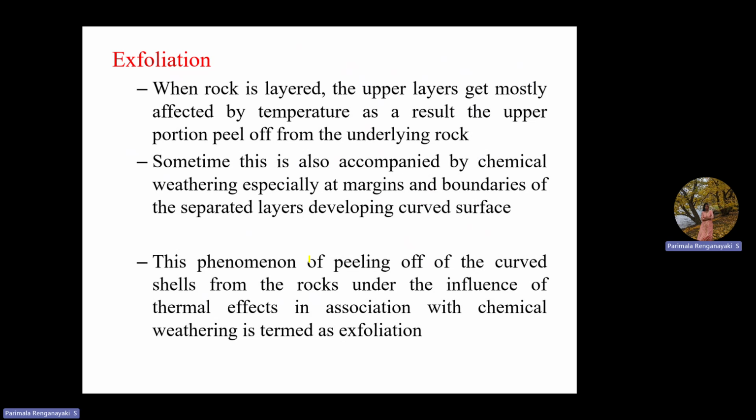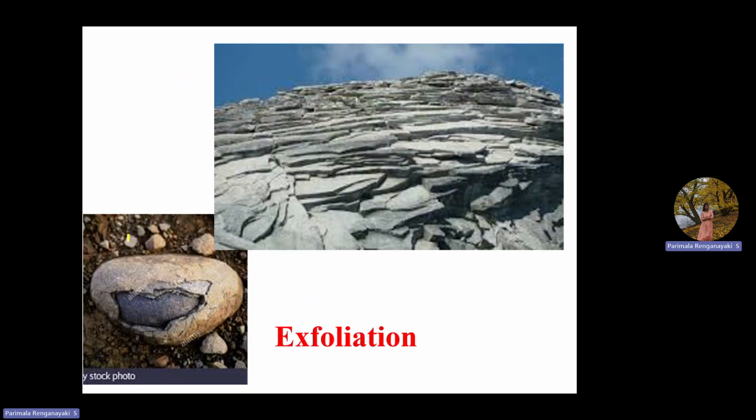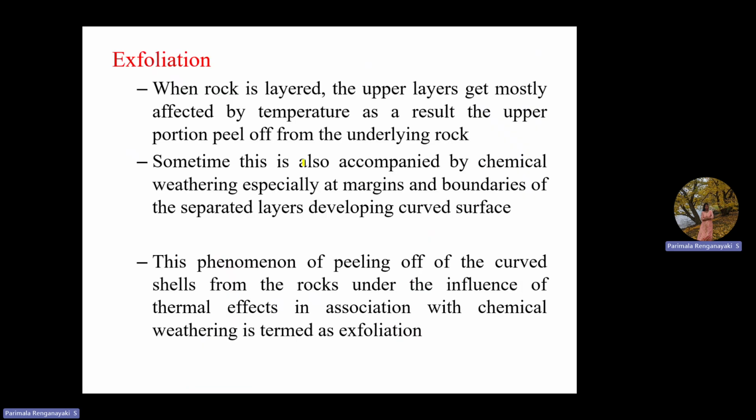This phenomenon of peeling off of curved shells from the rocks under the influence of thermal effects, in association with chemical weathering, is termed exfoliation. You can see especially the curved surface of the rock where it is highly exposed.